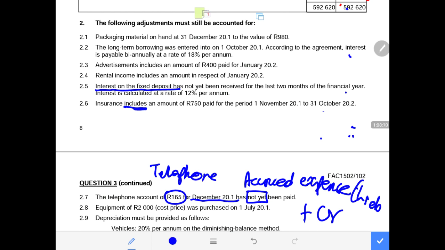And in the income statement, we record expenses for the current year, expenses that were supposed to be paid, not necessarily actually paid. And this was supposed to be paid. So now, because it was supposed to be paid, we must acknowledge it as an expense of the current year. The fact that it was not yet paid makes it an accrued expense, and it then becomes a liability at the same time.